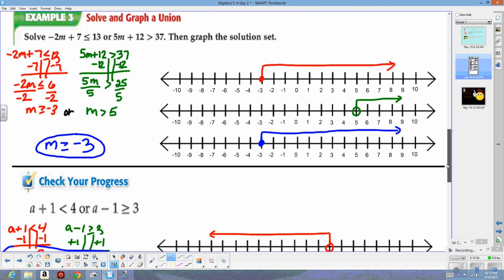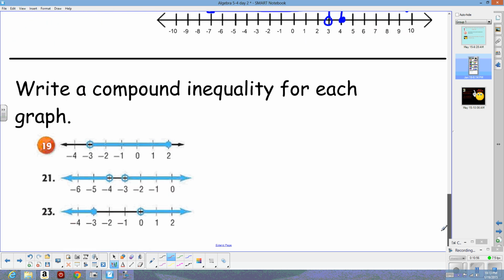It's between two numbers. So here, we're going to put x in the middle, and we want it to be less than or equal to 2, and we want it to be greater than, since it's an open circle, -3.